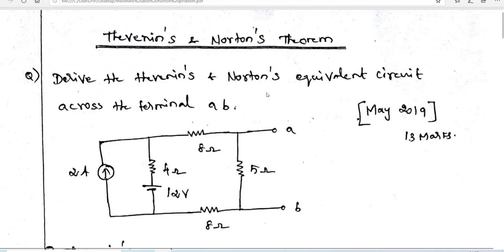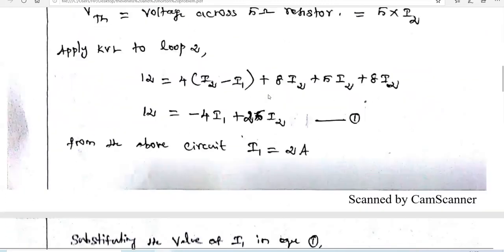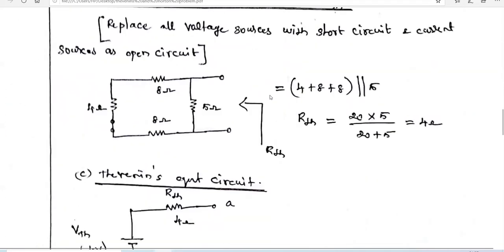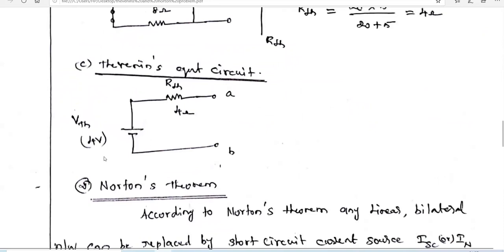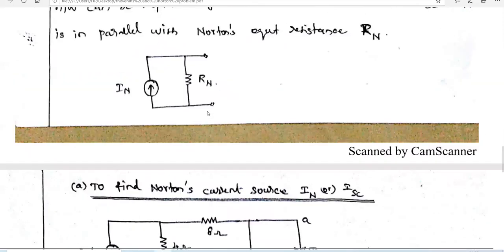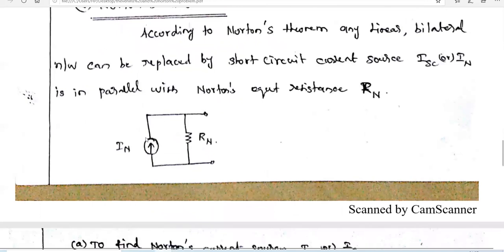Usually the Thevenin's model means one voltage source in series with a resistance. This is the Thevenin's equivalent diagram of the given circuit: one voltage source VTH in series with RTH. According to Norton's theorem, the diagram is replaced by one current source, Norton's current source IN, in parallel with RN.